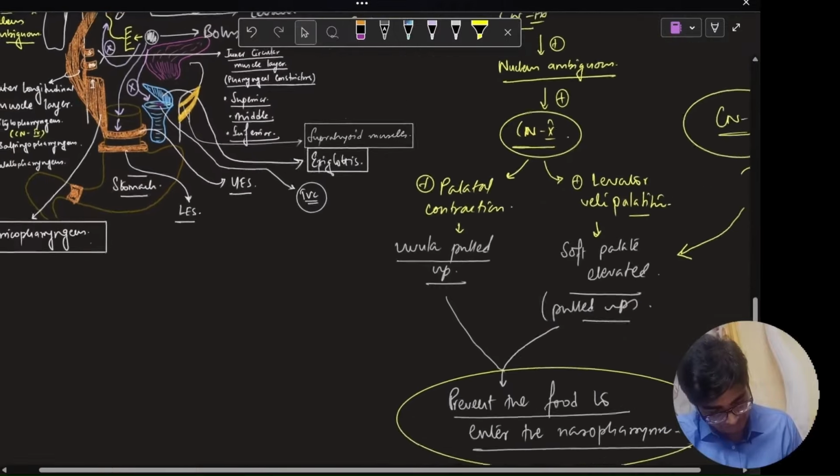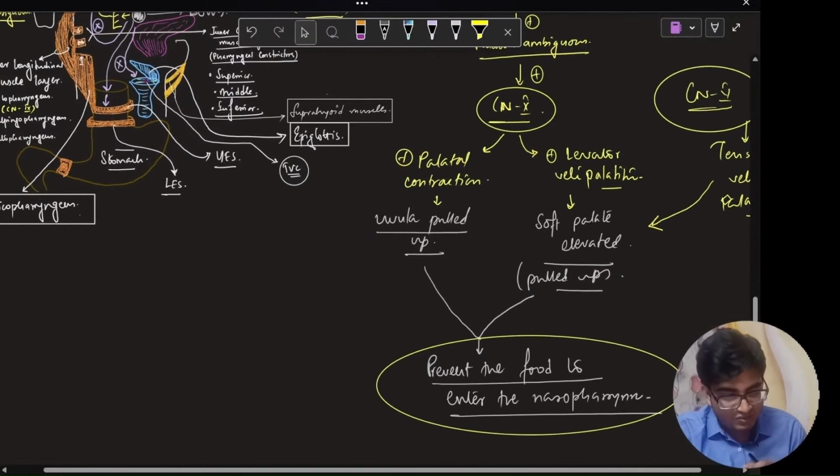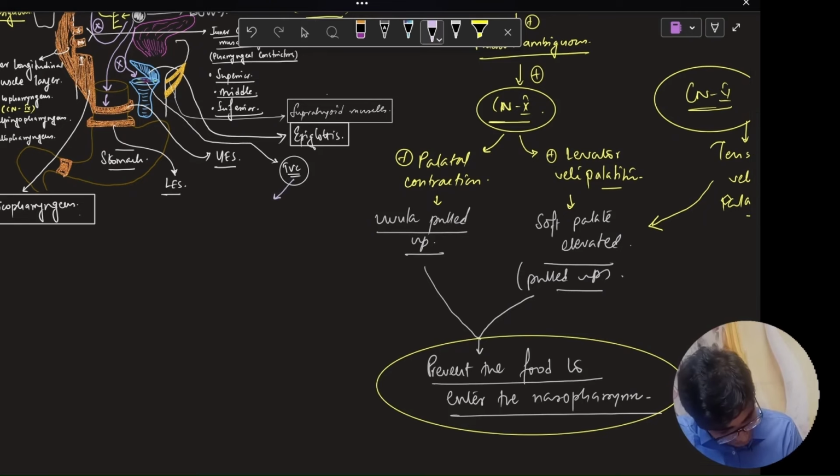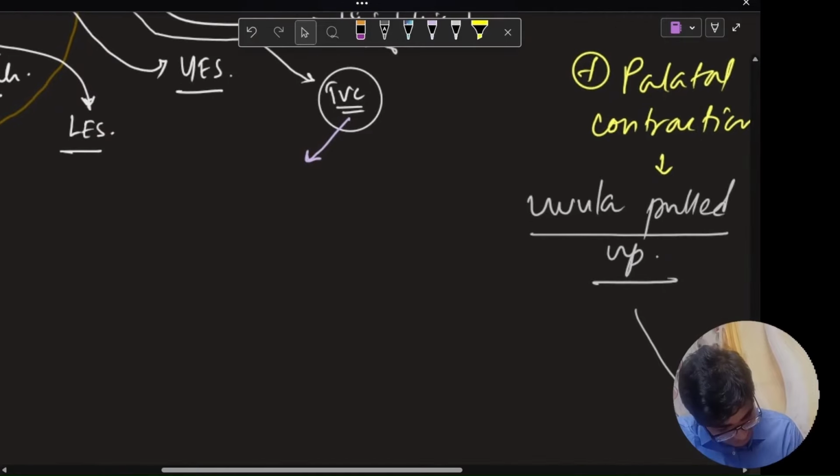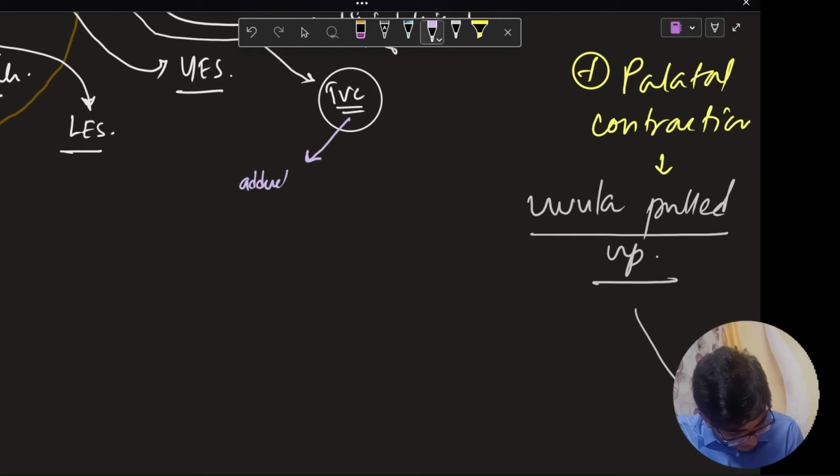So then these true vocal cords, what happened to them? Obviously, they adduct. Already the 10th cranial nerve is stimulated. The lateral cricoarytenoid muscles and the transverse and oblique arytenoids are working together to cause adduction of the vocal cords.